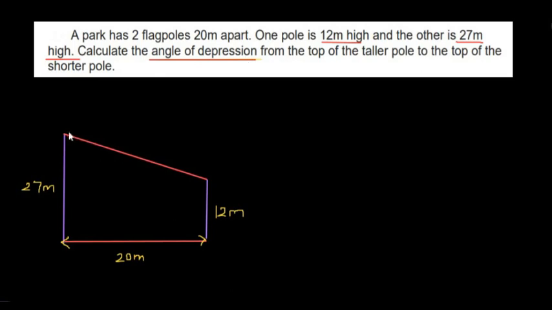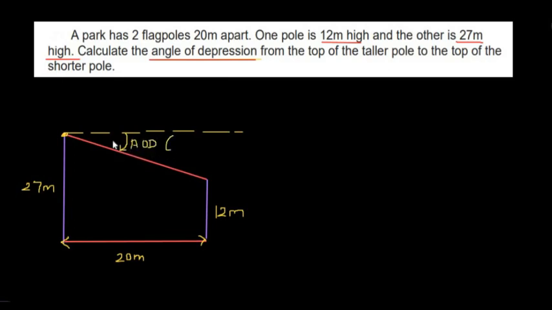And if you remember, the angle of depression is always with respect to the line of sight, that is the horizontal line. So here we are going to draw the line of sight from the taller pole, because the angle of depression is with respect to the taller pole to the shorter pole. Now they have asked us to find this angle, which is the angle of depression.